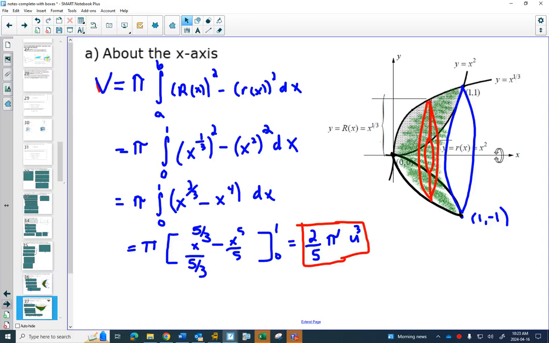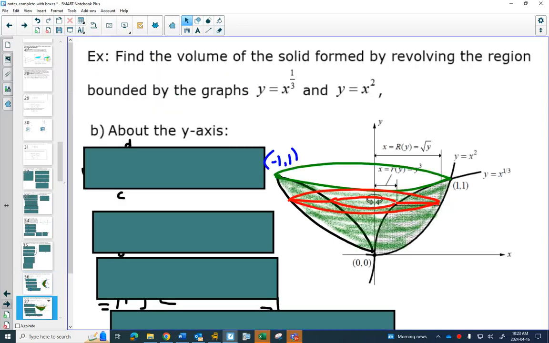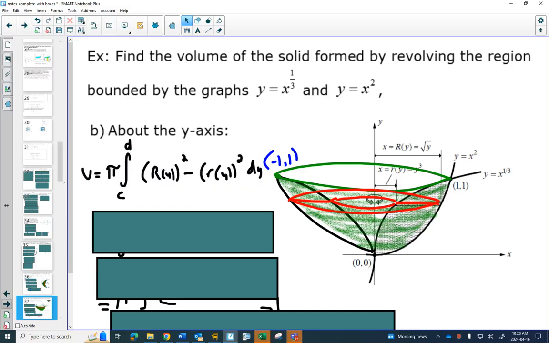Okay, here's the second one. Now, since we're integrating and reflecting over the y, we're going from c to d of dy. Again, you'd have your biggest radius squared minus your smaller radius squared. We need to take each of these equations and write them as x equals.